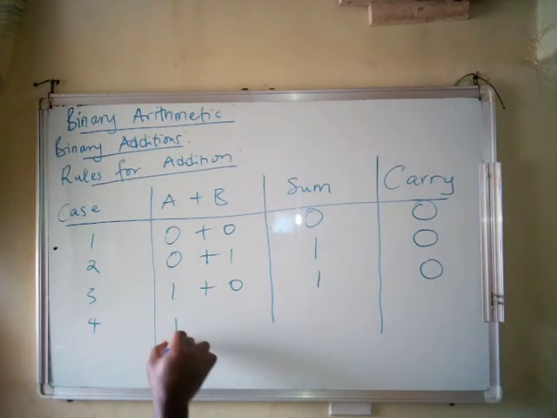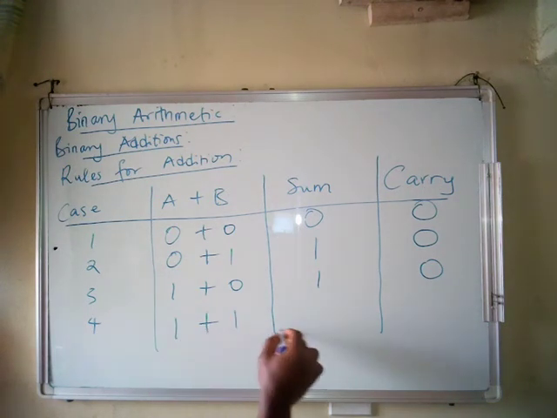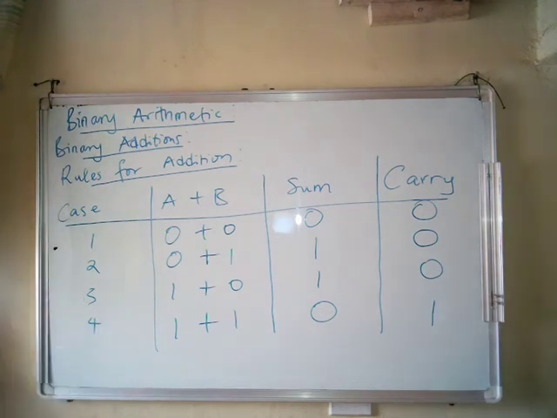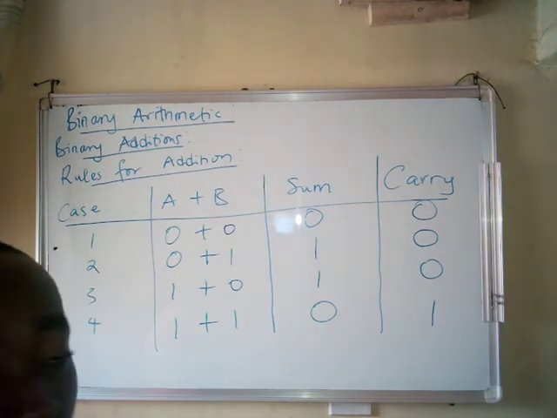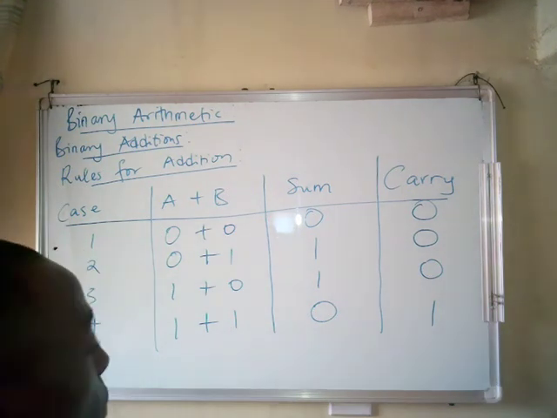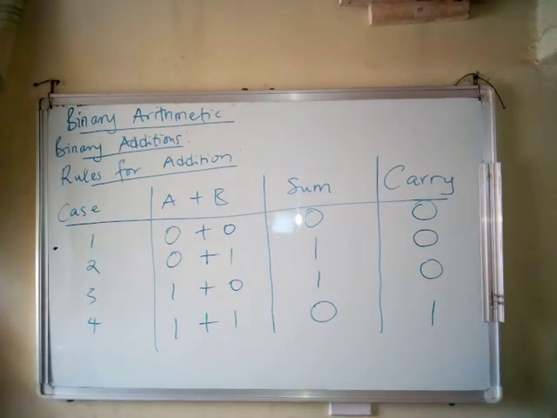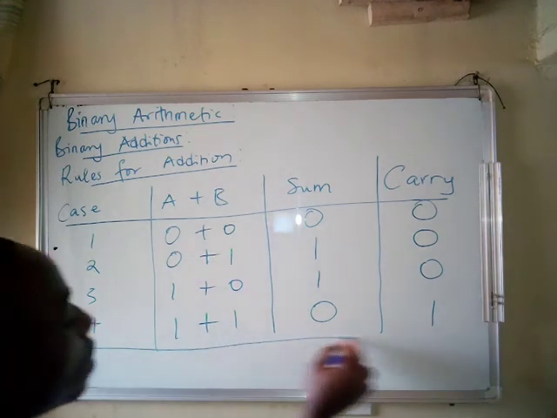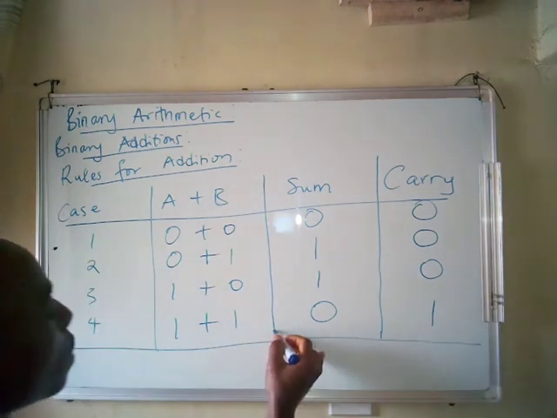In the case you have 1 plus 1, it will give you 0, then you carry 1. When I used to learn this when I was little, they say 1 plus 1 in binary will give you 10. But we will still come to that.